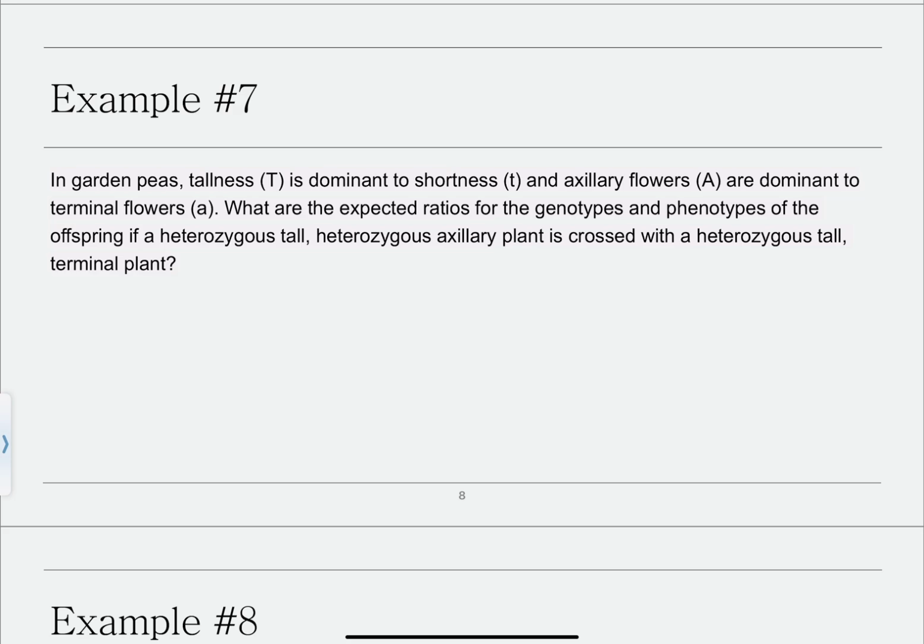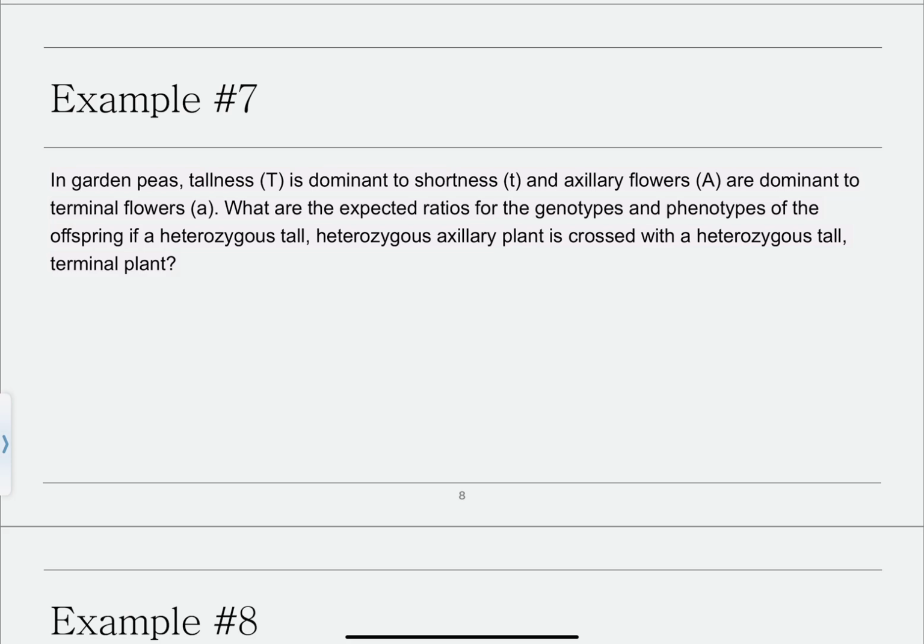So the first thing, like always, you want to write your genotypes out. So I like to write them out, and again, you can do your key however you want as a complete set. So for example, including both of the traits. So I want to take all the possible combinations.